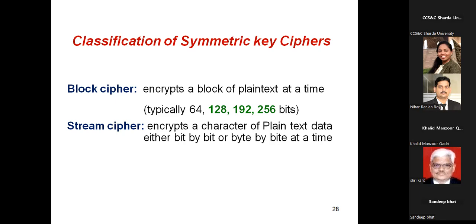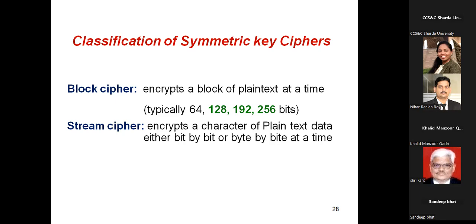Sender and receiver use two different keys for encryption and decryption. That will be discussed with you separately by my other colleagues. Okay. So in symmetric key cipher, the secret key used by encryptor and decryptor, sender and receiver, is the same.